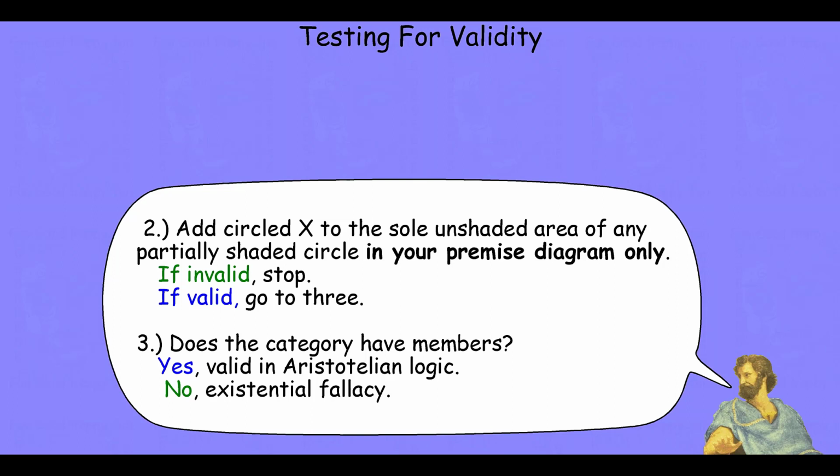If it's there, you're going to have to decide whether or not this argument satisfies the Aristotelian assumption. You go to the class that gave you the X that made the argument valid formally, and then you ask yourself, does that class actually have a member? Is it a good Aristotelian class? If it is, then the argument is valid in Aristotelian logic. If it isn't, then the argument commits the existential fallacy.